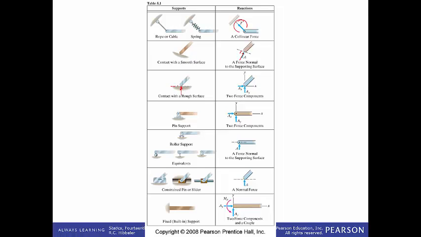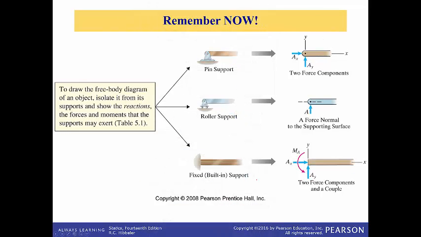And then of course, there's no moment here. Same with the pin support and the roller support, they're all equivalent. This is a constrained pin or slider, but it can move in this direction, so that's why you also have A, and then the fixed.